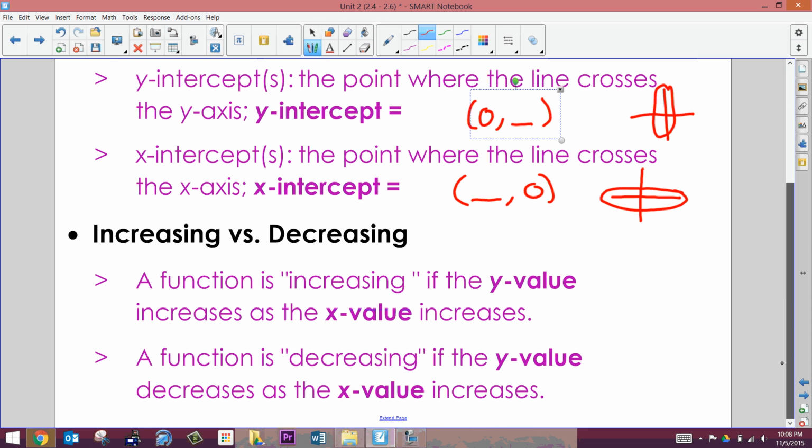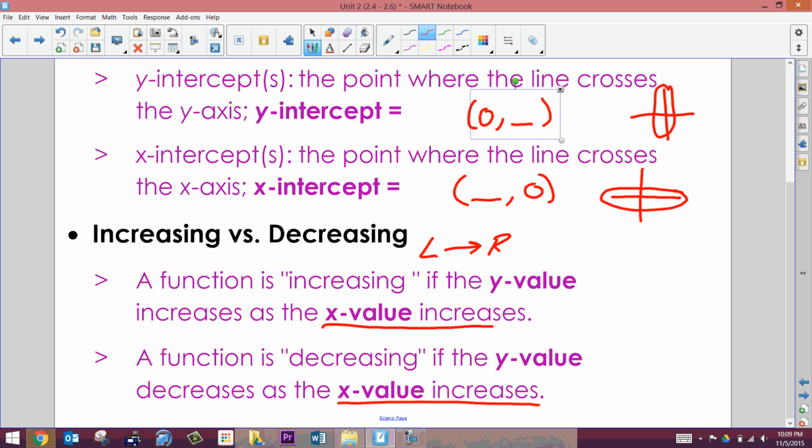Now, increasing and decreasing. The key is whenever we talk about anything on the graph, we always do it in terms of how the domain is changing, how the x value is changing. So in this case, we're always looking at as the x value increases. What that means is going from left to right. As you move across the graph, going from left to right, what is happening to the outputs, the y values?